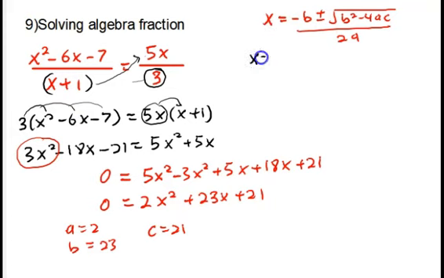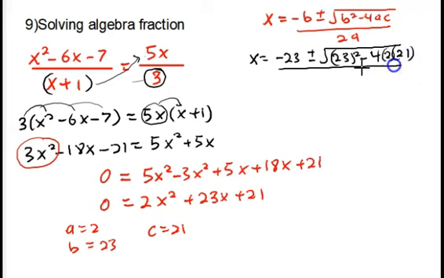So x will be negative 23 plus minus the square root of b squared, which is 23 squared, minus 4a, where a is 2, and then c is 21, and then divided by 2a, so you will get 4.